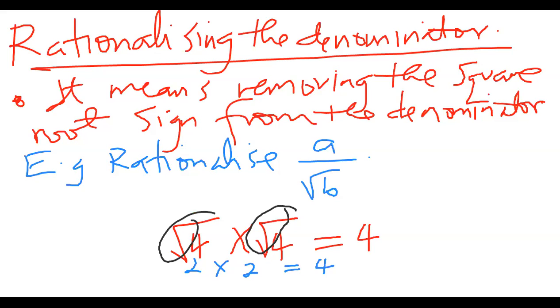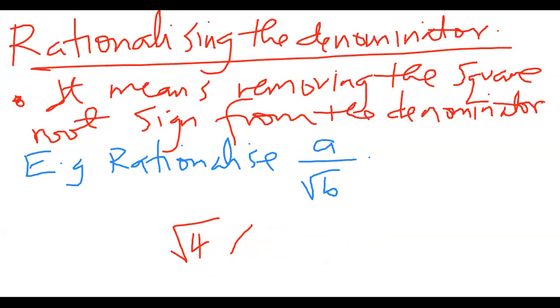Meaning that what we're going to do in the denominator, in case you have an expression which is under a root, for example, square root of B, in case you're going to remove that square root sign without changing what the question does, we are going to simply multiply the square root of B, in other words the whole denominator, by itself, and we also multiply it with the numerator.